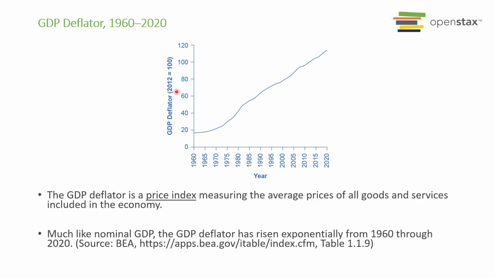This is called the base year. It's 2012, and in 2012, the value of the deflator was equal to 100. So if we were to go out to 2012 and draw a line upwards, we would probably see that this value is pretty close to 100.